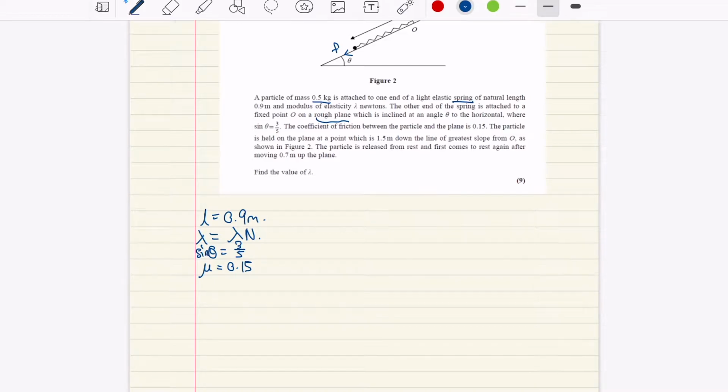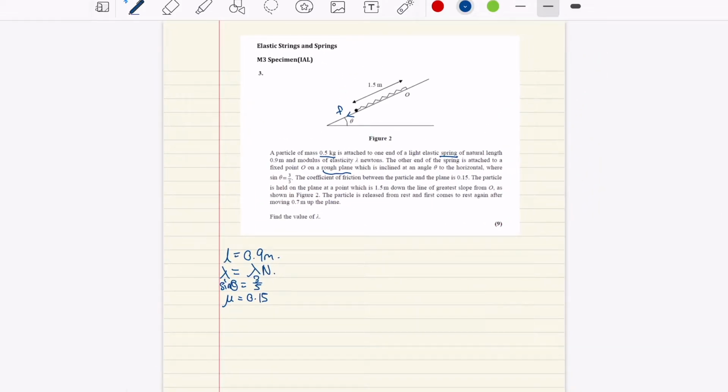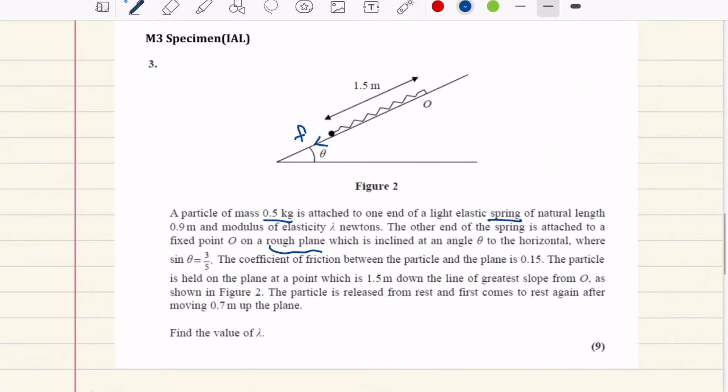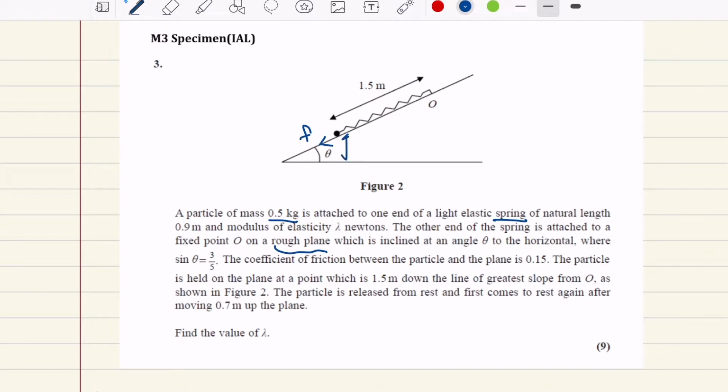Okay. The first thing I would think about this is I can use conservation of energy, because before the particle moves up the slope, it has a certain height from the ground, which means it has gravitational potential energy.